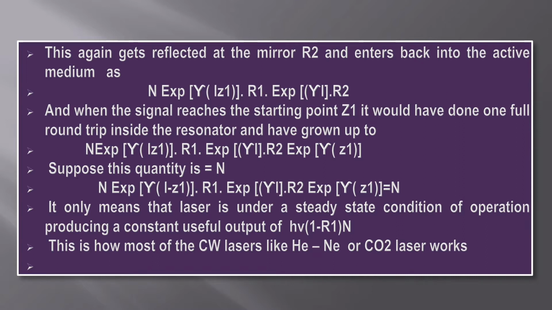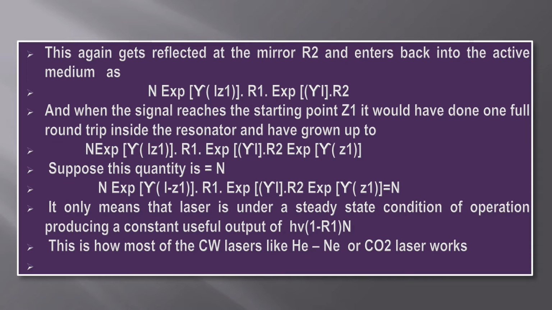Then when this signal reaches z1, the number of photons would have grown by exponential gamma L z1. Do not get confused: L z1 represents the small length from z equal to 0 to the point z1.